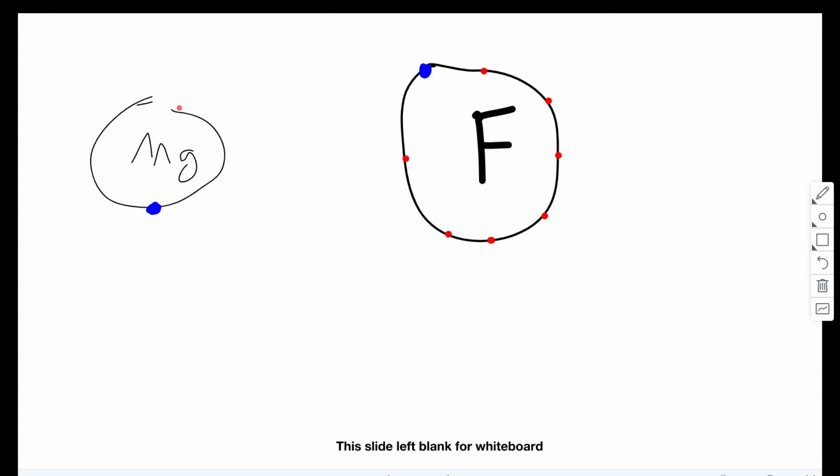Now this magnesium, it's going to be very, very reactive, and it's going to be kind of upset that it's lost its electron, which means that it's going to be easy picking for another fluorine to come along and take its electron. So we'll draw a second fluorine here.